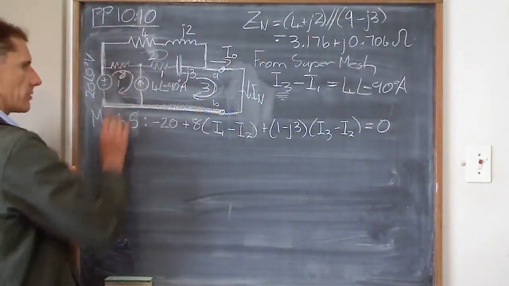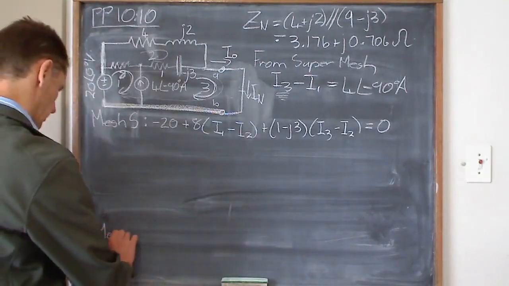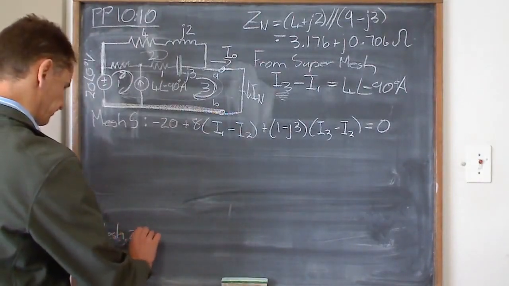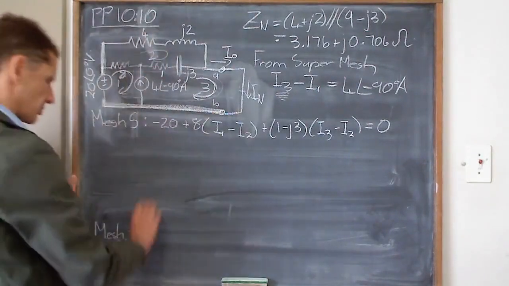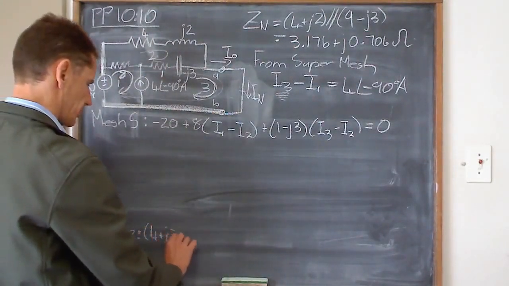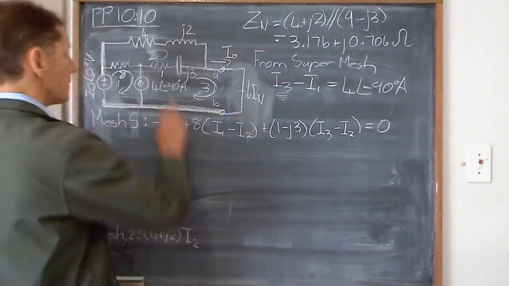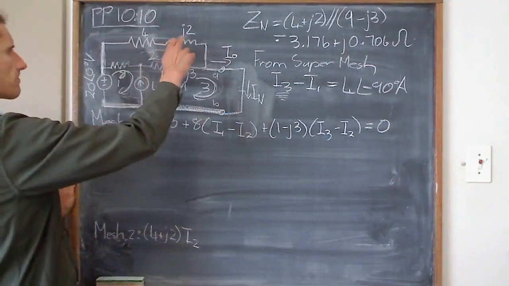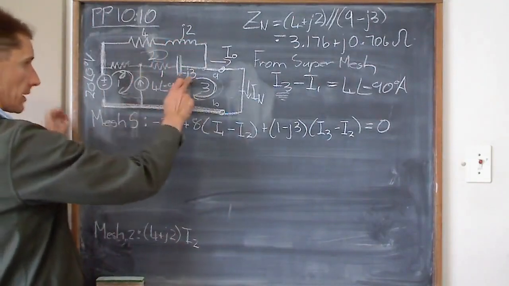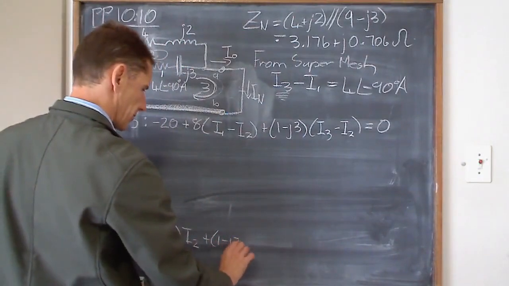So let's go and write for mesh 2. So mesh number 2, that one. Let's start with the 4 plus j2. It's only multiplied with I2. Then we're going to move through the 1 minus j3. So plus 1 minus j3.